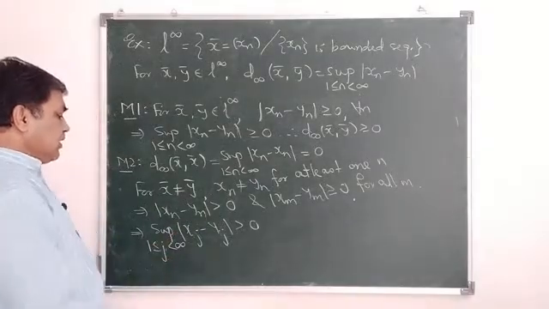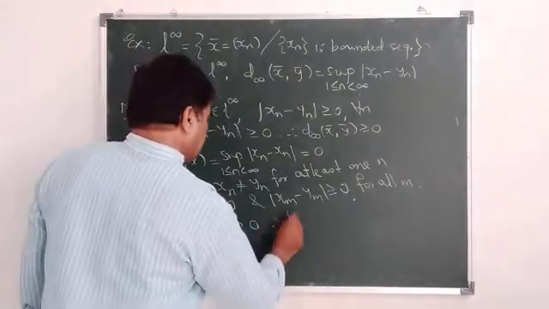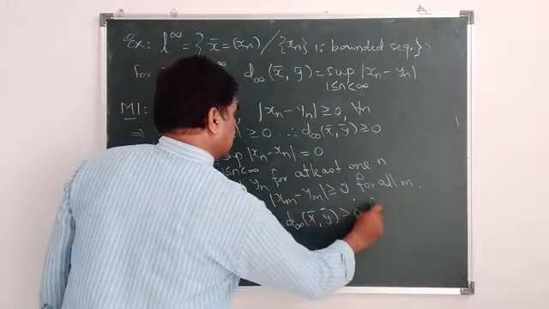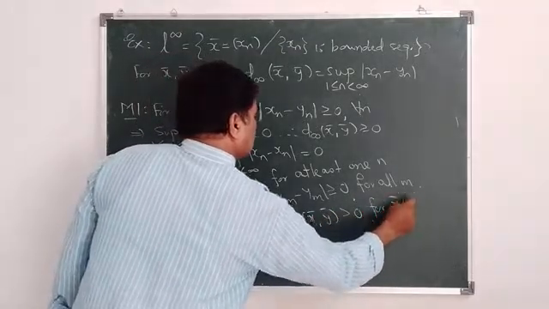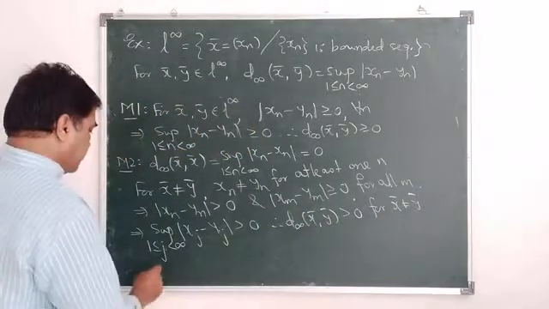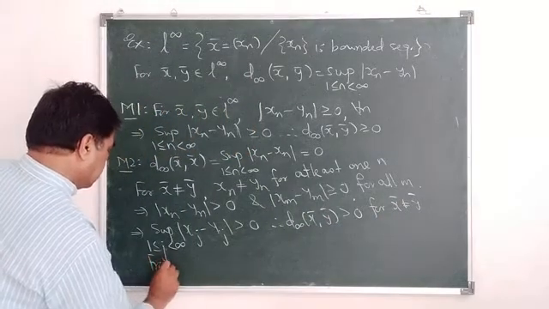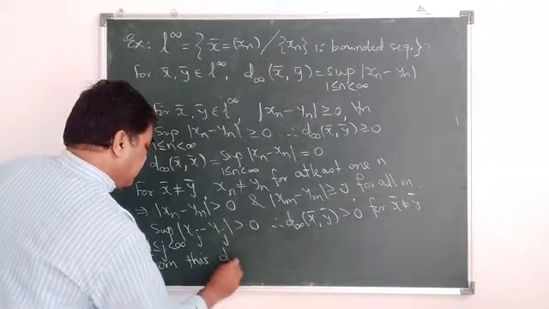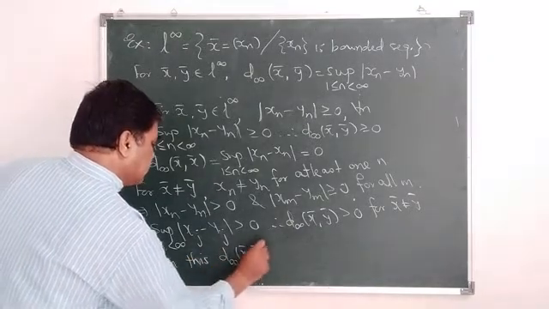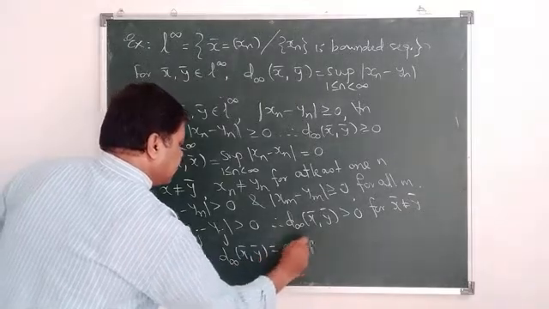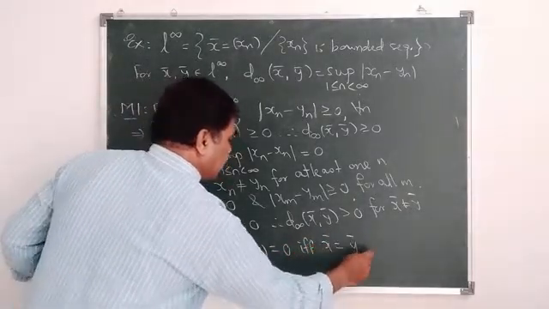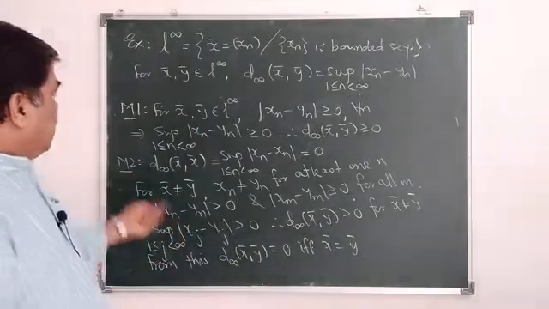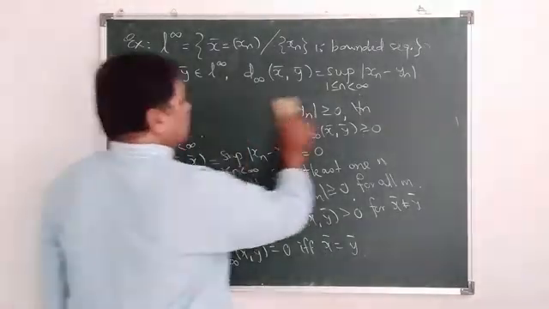Therefore, supremum must be greater than 0. Therefore, D infinity of x bar y bar is greater than 0 for x bar not equal to y bar. From this, D infinity of x bar y bar is equal to 0 if and only if x bar is equal to y bar.